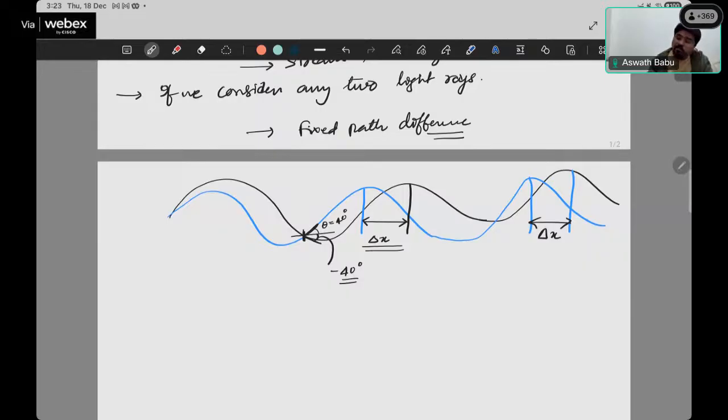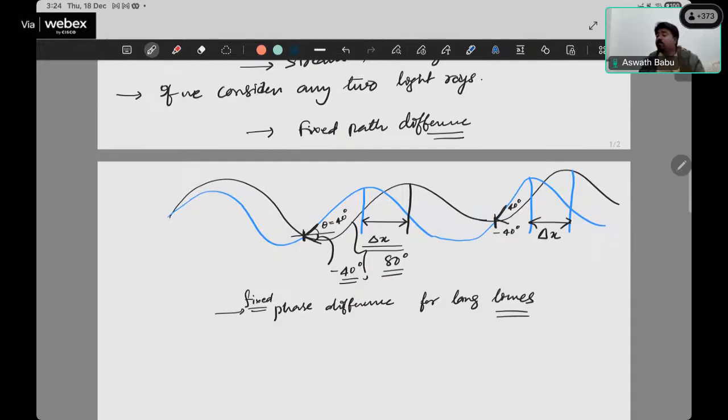What is the phase difference between them? The phase difference is about 80 degrees. You go to any point on these rays, let's say here, there also it is rising by 40 and the other one is going down by minus 40. So there also it is 80. The fixed phase difference also maintains for a very long time.